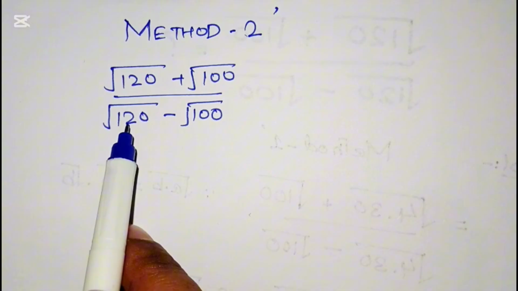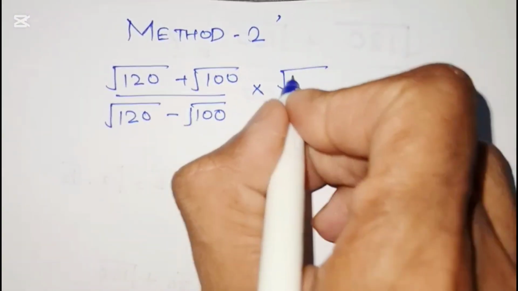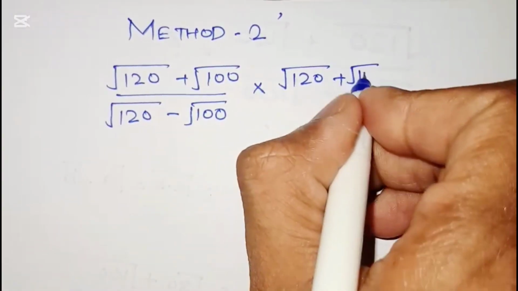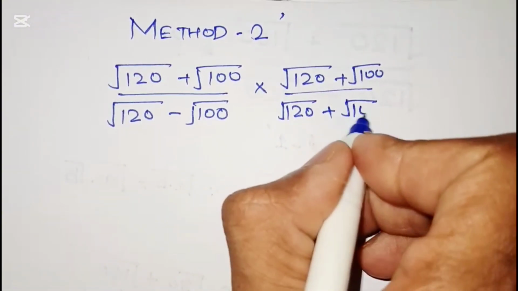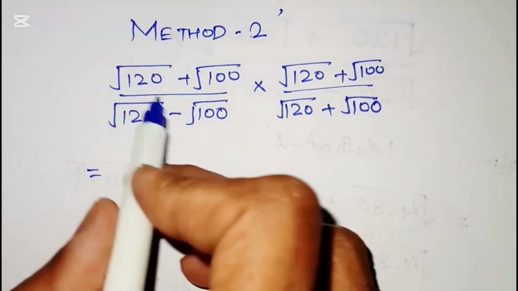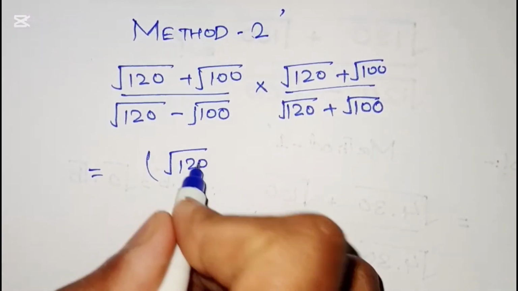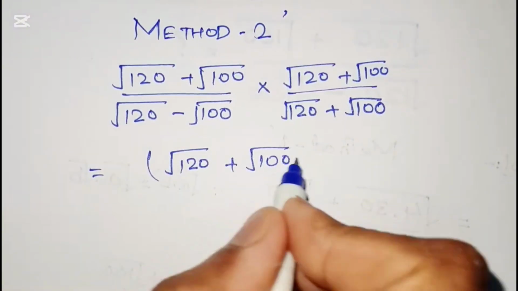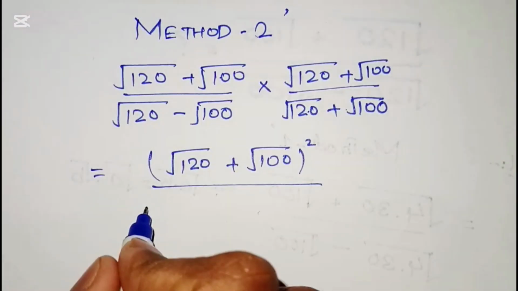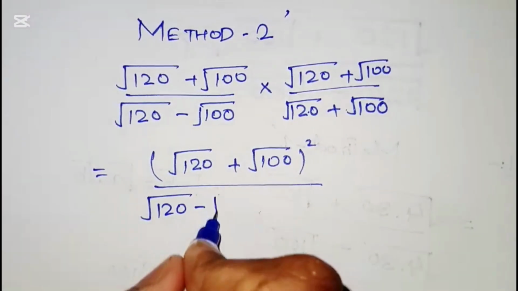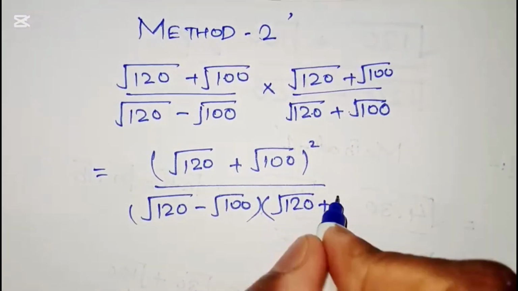We will rationalize the denominator, that is, multiply and divide by the conjugate of the denominator, which is square root of 120 plus square root of 100 over square root of 120 plus square root of 100.